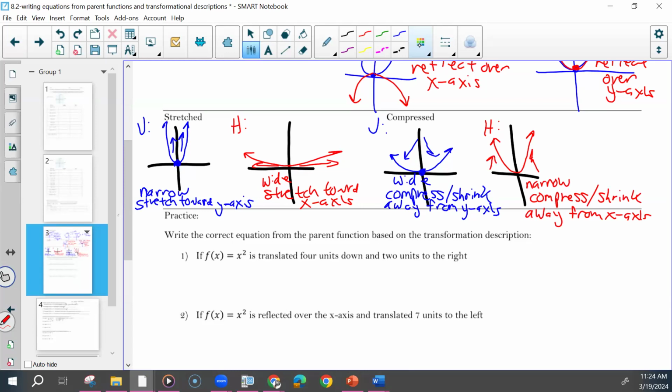But these are just visuals so that when we do talk about different translations, transformations, we can say, okay, this is a vertical thing, this is a horizontal thing, this is going to do this, and it's going to look like this.